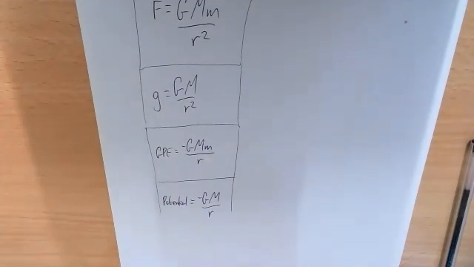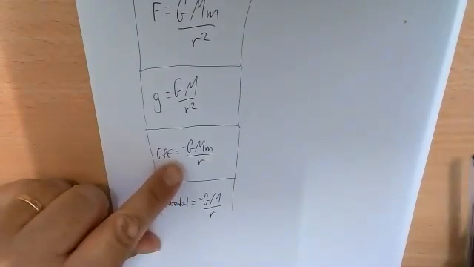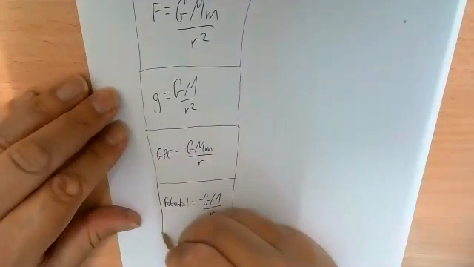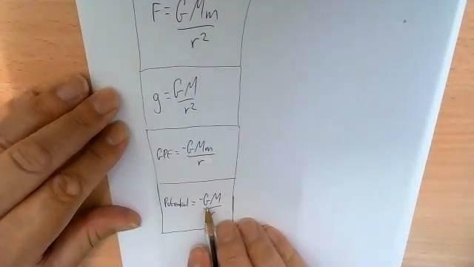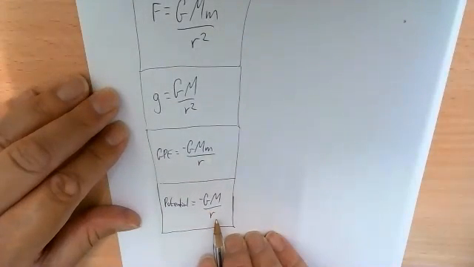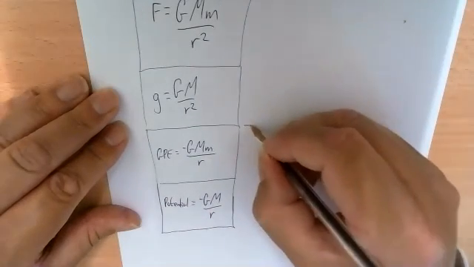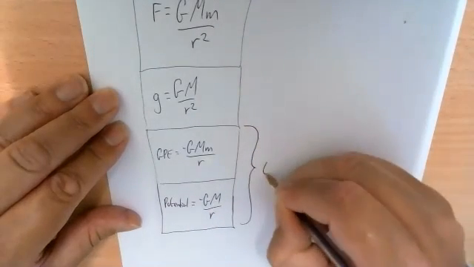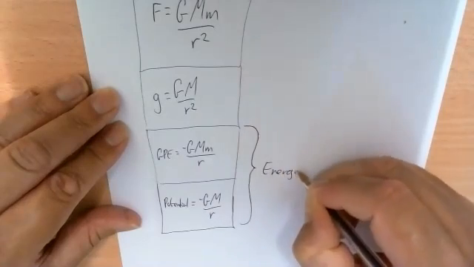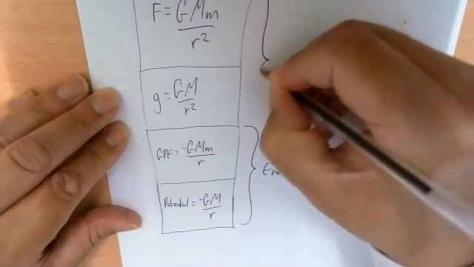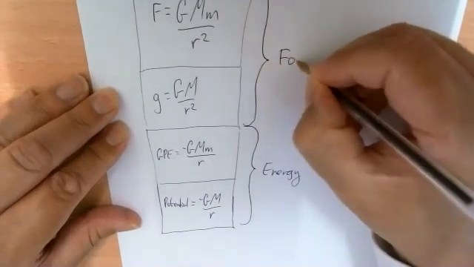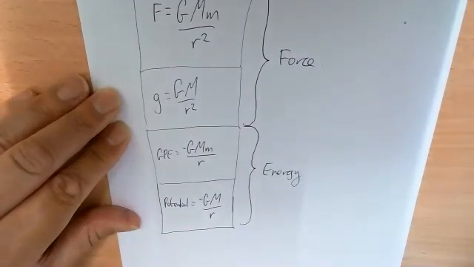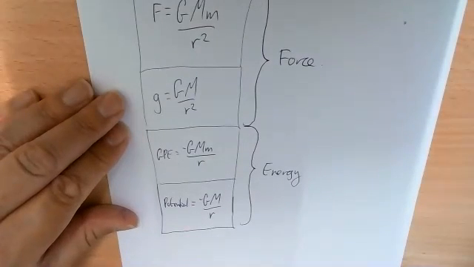There we are. Okay, it's not over r squared. Remember that, not over r squared. So the gravitational potential is GM over r, okay, because it's per unit mass. So these are energy. These are force. Okay, does that make sense? Yes.